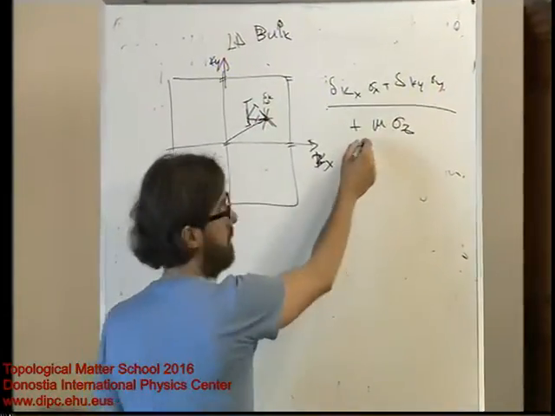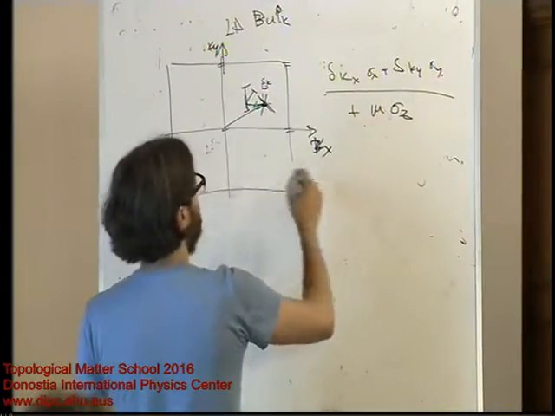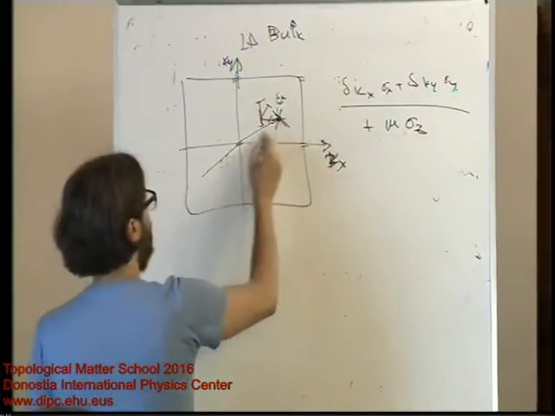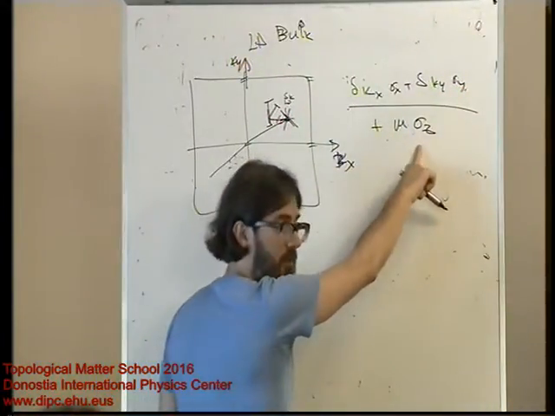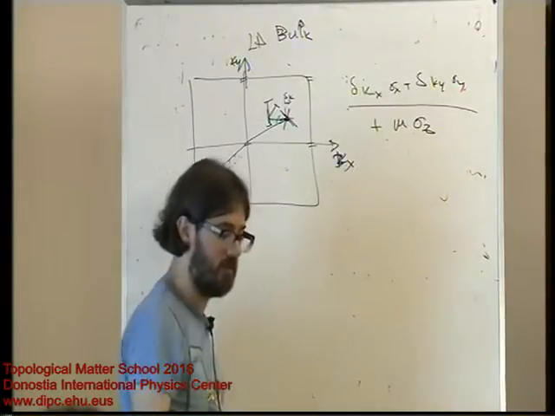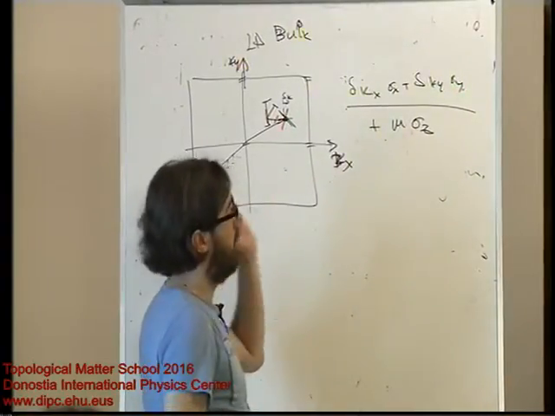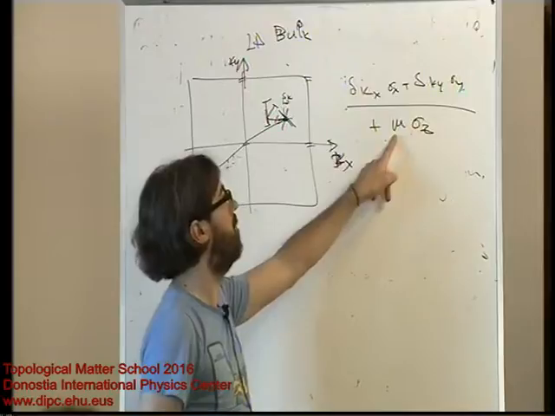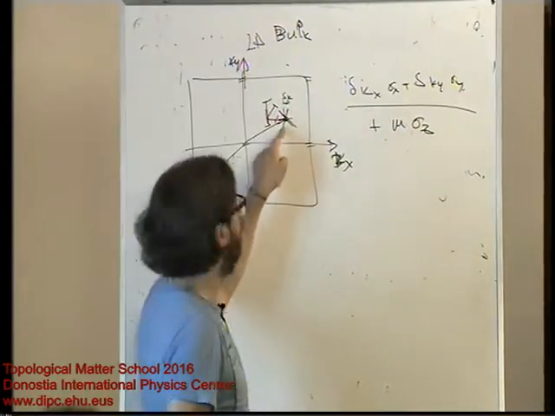And this would not break time reversal, because time reversal only would tell me that this flips under time reversal. Sigma is the spin, it flips under time reversal. M doesn't flip, but the momentum flips also.